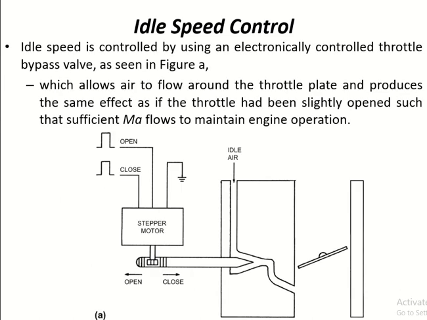Idle speed is controlled by using an electronically controlled throttle bypass valve, which allows air to flow around the throttle plate and produces the same effect as if the throttle had been slightly open, such that sufficient mass air flows to maintain engine operation.